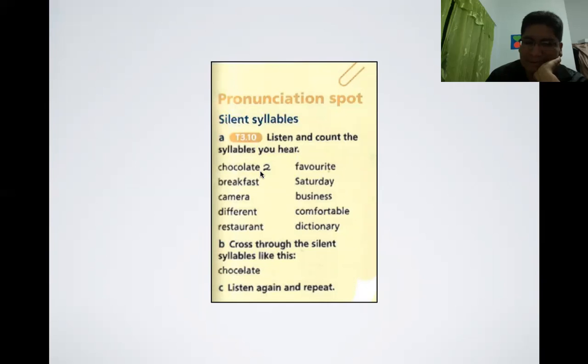The pronunciation is chocolate. Breakfast. How many syllables? Camera, different, restaurant, favorite, Saturday, business, comfortable, dictionary.